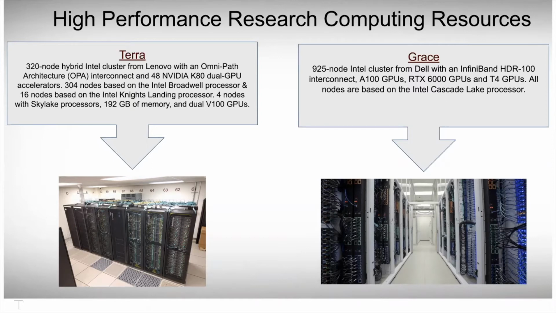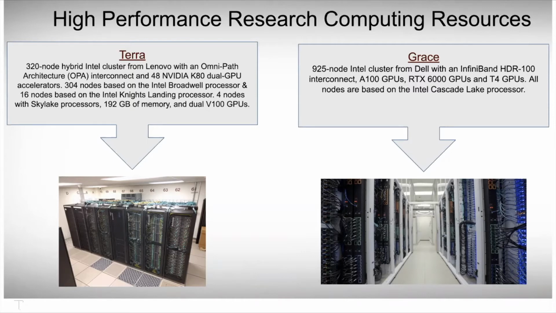Terra has Broadwell processors. It has a few nodes with V100 GPUs, but most of the nodes on Terra are going to have 64 gigabytes of memory. The GPU nodes that are on Terra are going to be NVIDIA K80s.